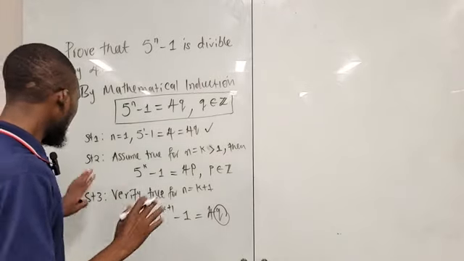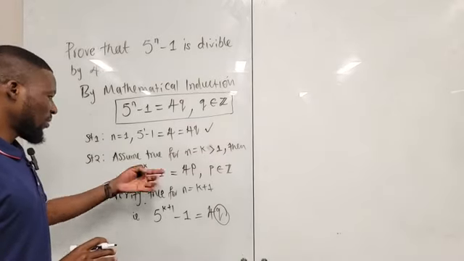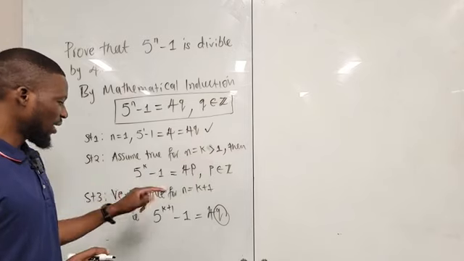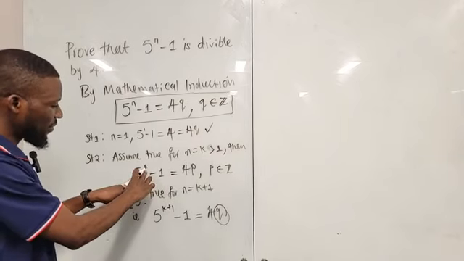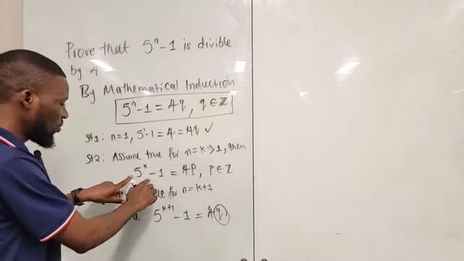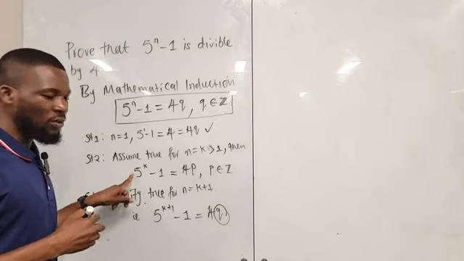Okay, now using our assumption, we are assuming that it is true for n is equal to k, meaning that we can write our expression as 5 to the power k minus 1 is equal to 4p. We are going to use this assumption because at the back of our mind we know that this is true.